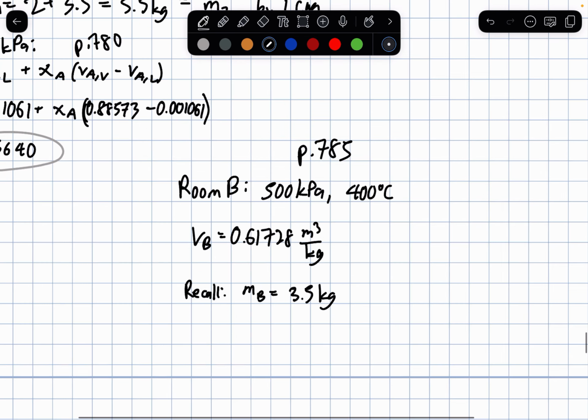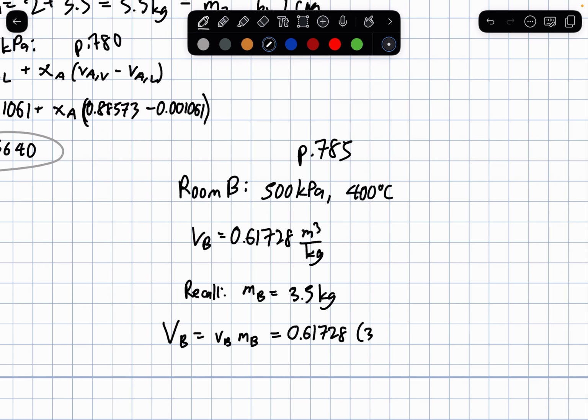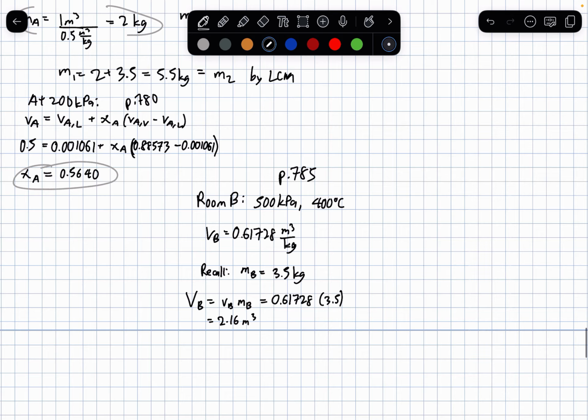Verify? Yes? Okay. So therefore, we can find the volume of B, which is VB times MB, 0.61728 times 3.5. 2.16 meter cube. That is the volume of room B. Okay.